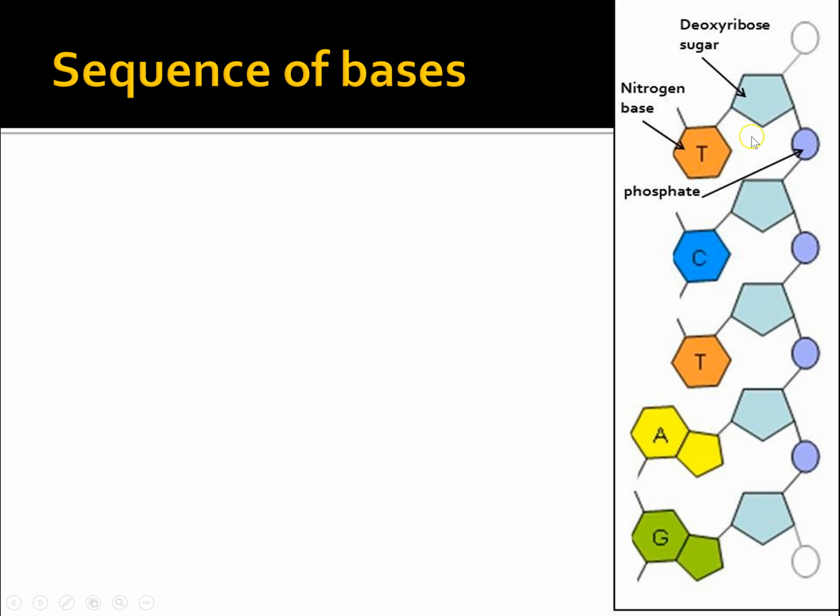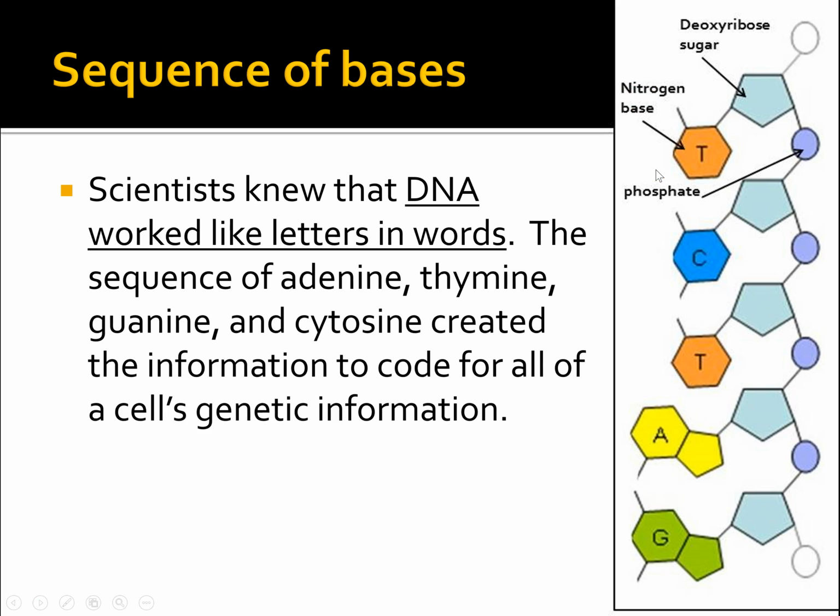So here you can see a nucleotide right here. There's a phosphate group, there's a deoxyribose sugar, and there's a nitrogen base. Those 3 molecules together create one nucleotide.